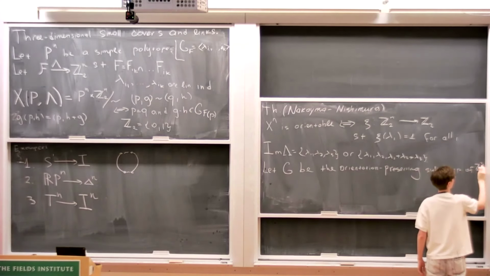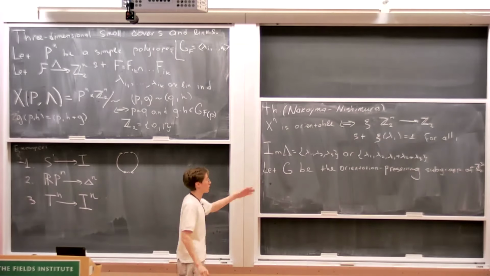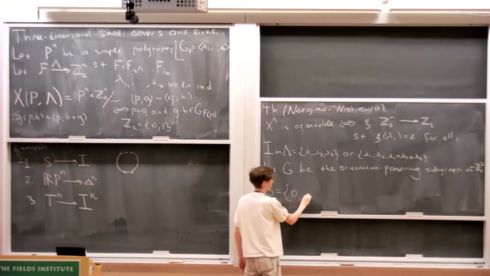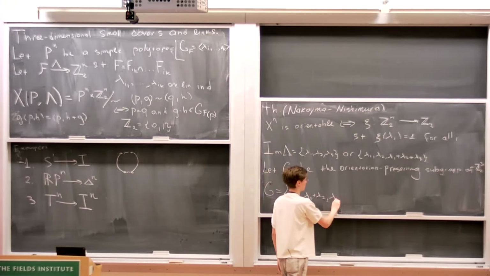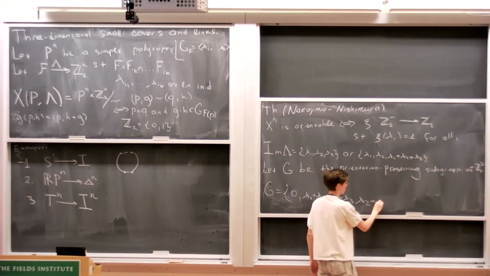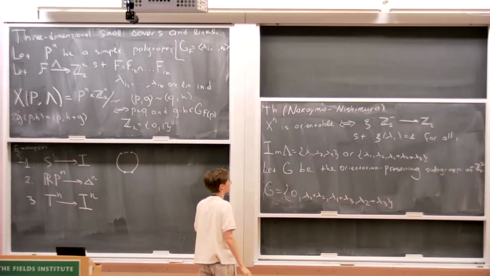Now I always speak about the two-dimensional case. So in the two-dimensional case, this group actually looks like the following. So we have 0 and we have the following sums. It's our orientation preserving subgroup.